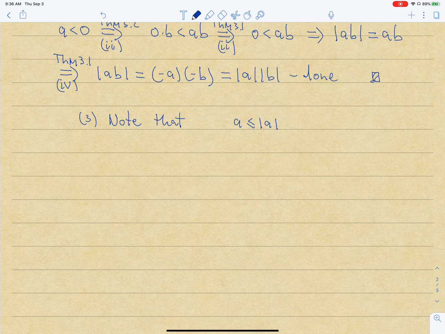And minus A, and A is bigger than minus absolute value of A. So verify this.